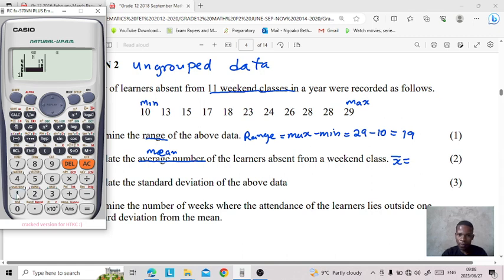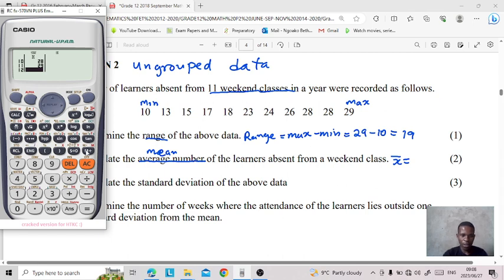From 18 we have 23 equal sign, 24 equal sign, 26 equal sign, 28 equal sign, another 28 equal sign. The last number there is 29, equal sign. Now our data are 11 values as in the given question.